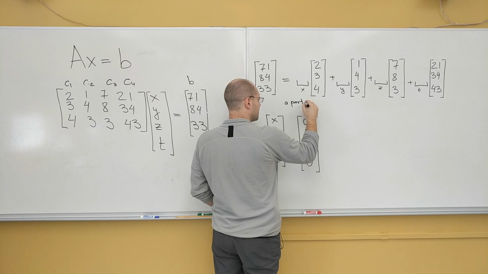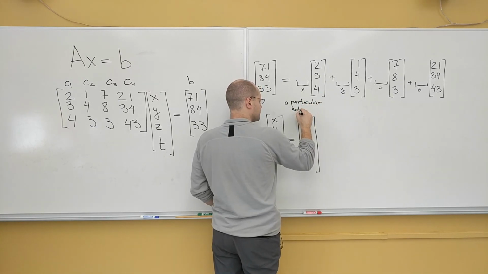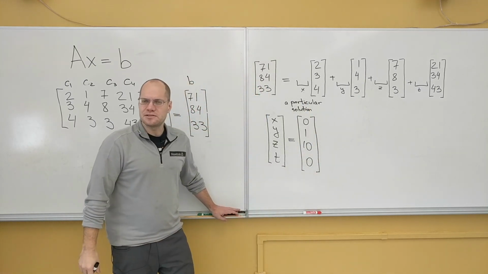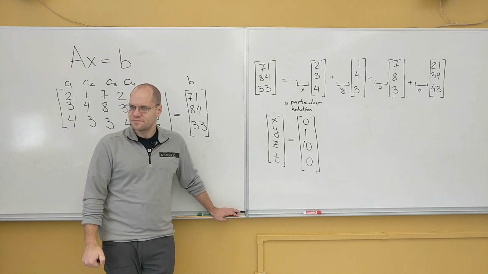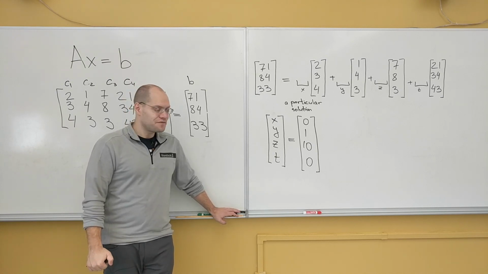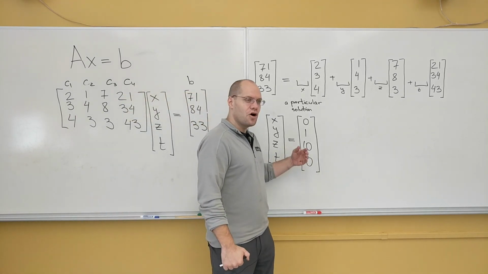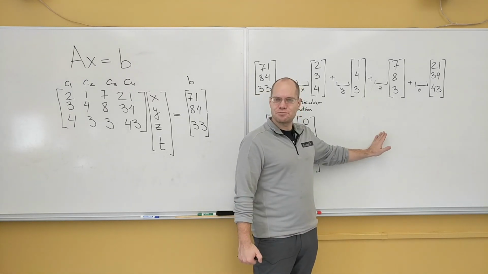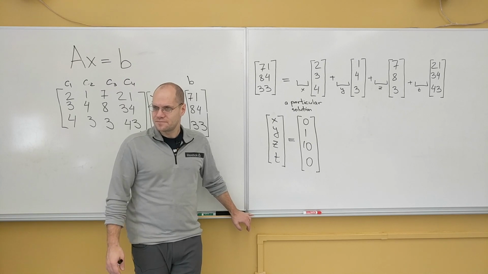The article is very important. It so happens that you can choose any particular solution that you want. And that makes life actually very interesting, because depending on what particular solution you choose, the expression that captures all the possible solutions will be different.